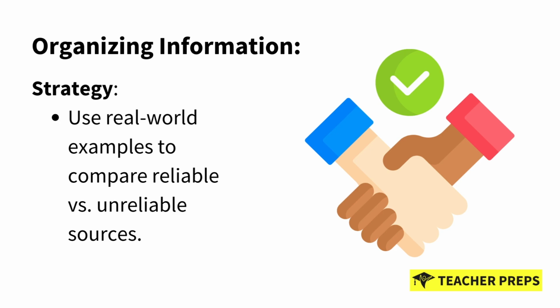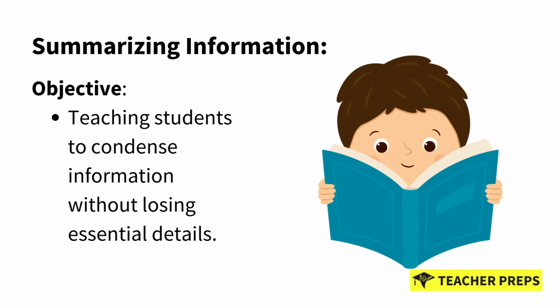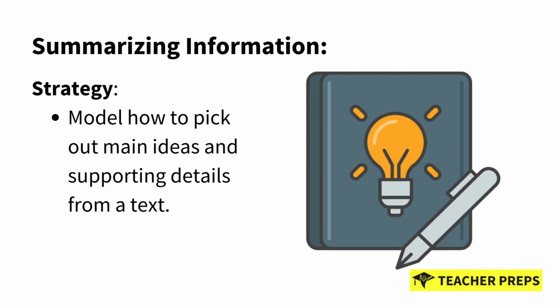The next requirement on our descriptive statement for your exam is to learn all about how to teach our students to summarize information. In this case, we must teach students to condense information without losing essential details. We can teach our students this skill with these strategies.